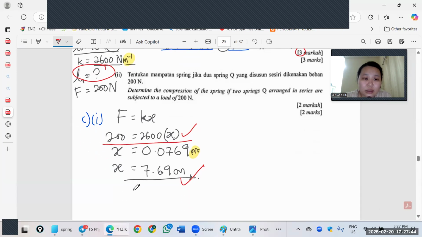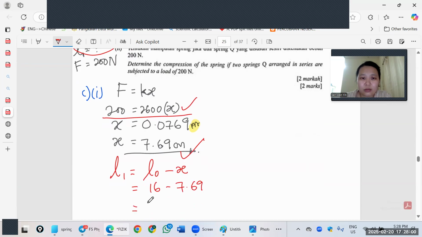So your third mark actually is what is your L1? So L1 would be compressed, means the original will be shortened. So you will get 16 minus 7.69, so 8.31 cm. Then you will get it correct.